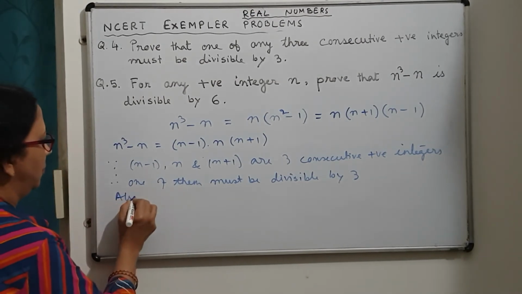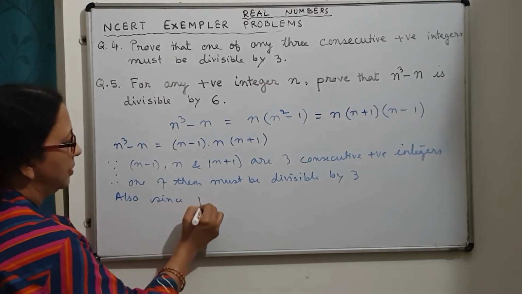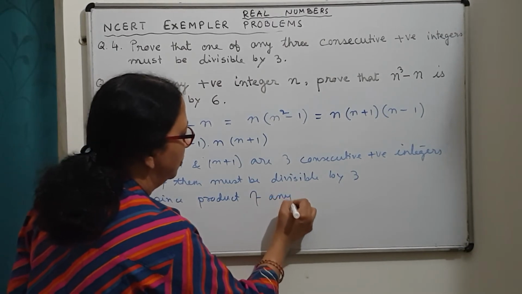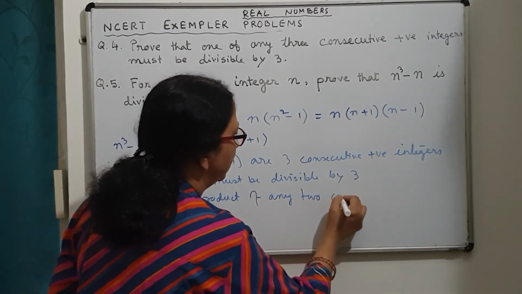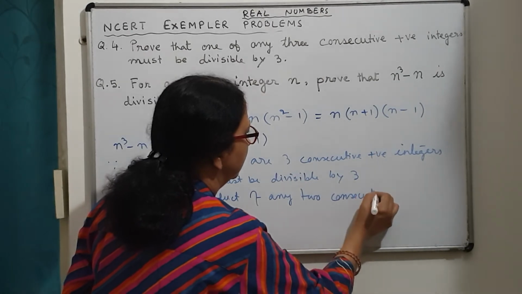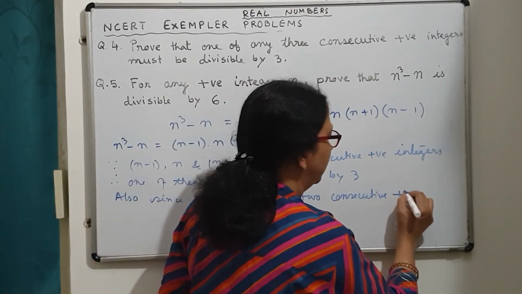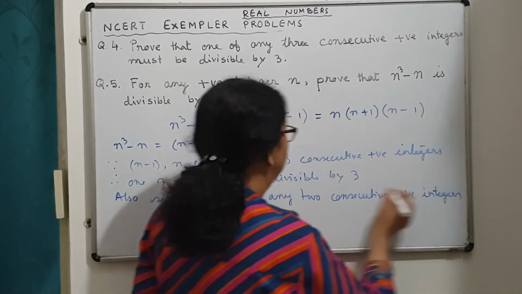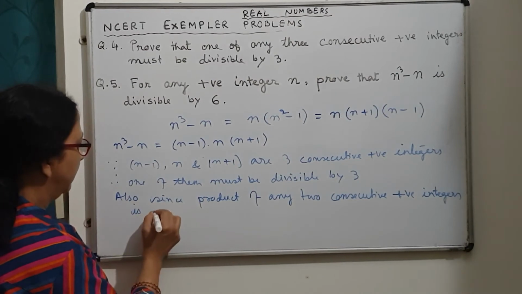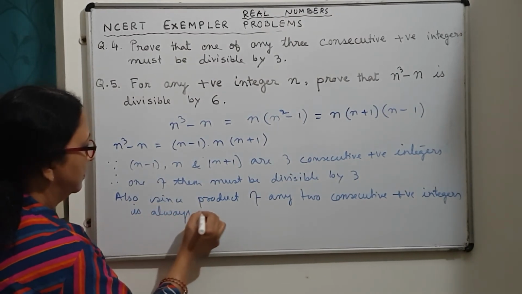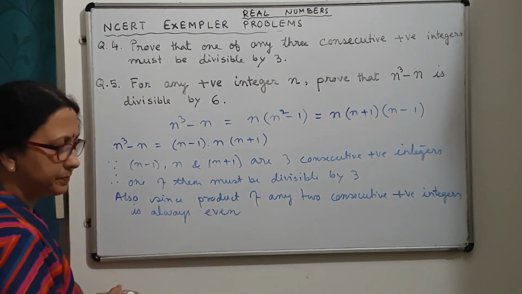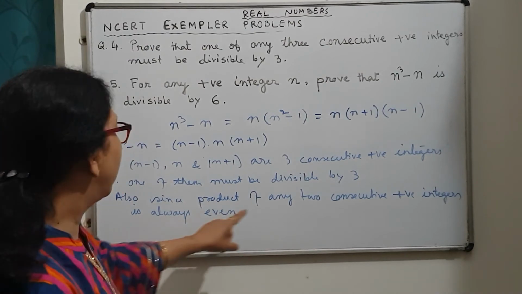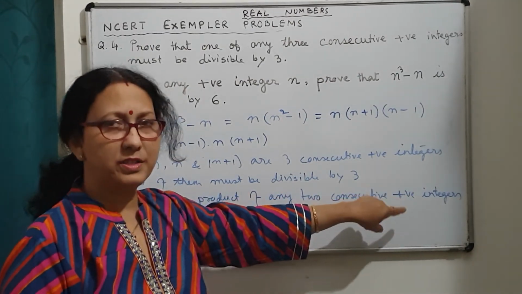Also, since the product of any two consecutive positive integers is always even, we have shown, because out of two consecutive integers, if one is odd, the other will be even.